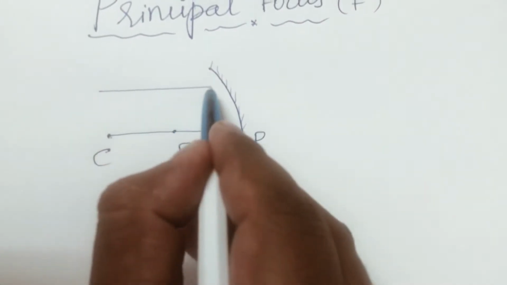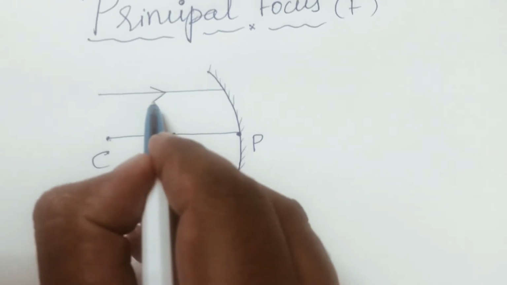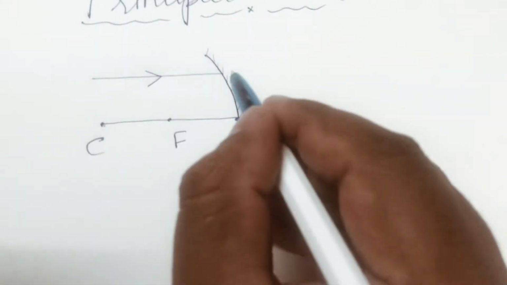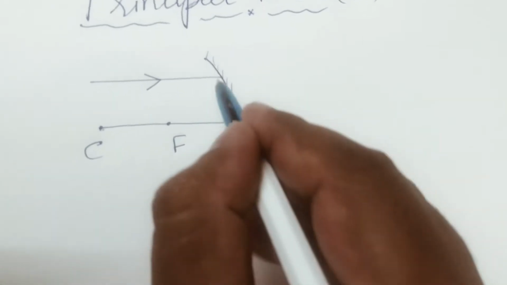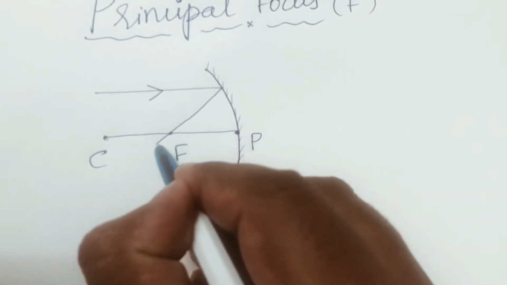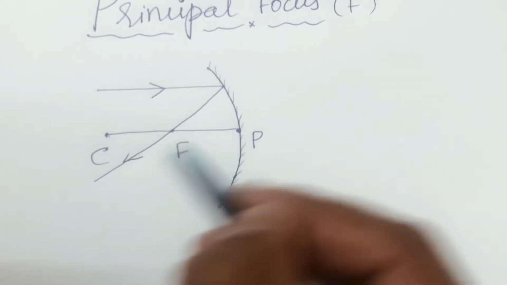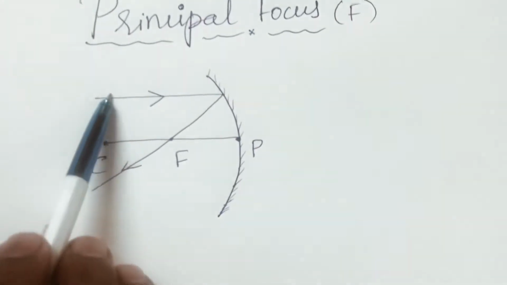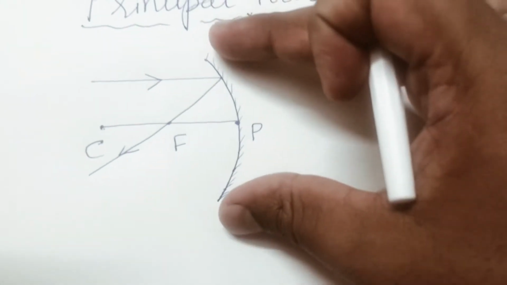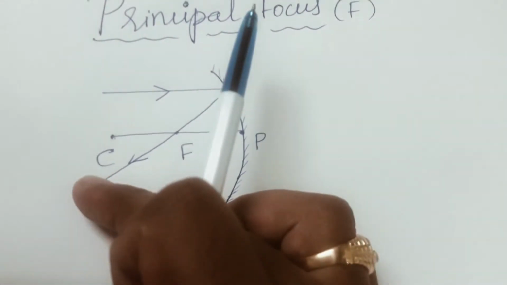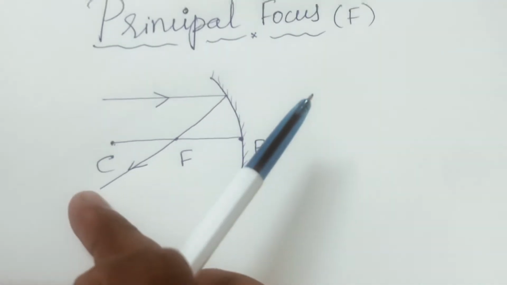Now we'll consider an incident light ray which is coming from a certain distance and hitting the mirror. After hitting the mirror, it will pass through the focus. Whenever the light ray is coming parallel to the principal axis, after hitting this surface, it will get reflected back and pass through the focus.